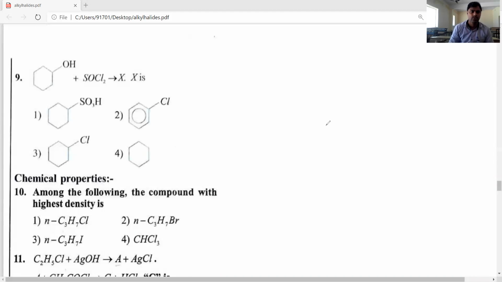Okay, let's see the ninth question. The ninth question is just like Darzens' reaction application. Instead of alkyl alcohols, they give cyclohexanol. Cyclohexanol reacts with SOCl2, then the product is chlorocyclohexane, plus SO2 plus HCl.